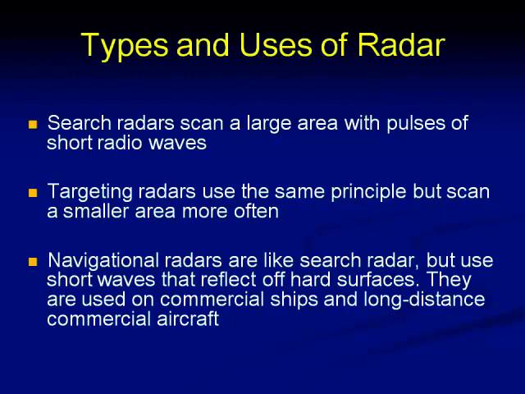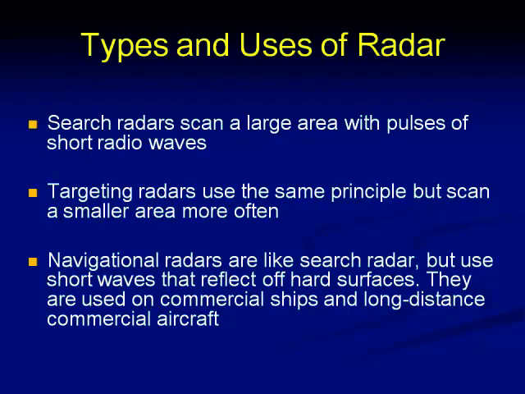So such radars are for identification first, and then the tracking radars will be used to continuously track the incoming target and see that it is eliminated successfully. Navigational radars are like such radars, but they use short waves that are reflected off hard surfaces.